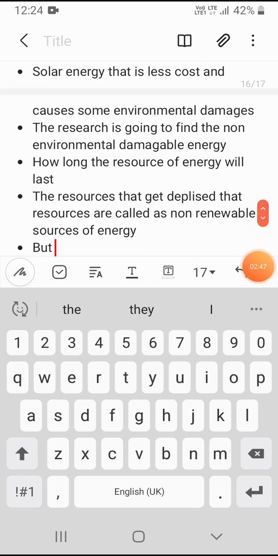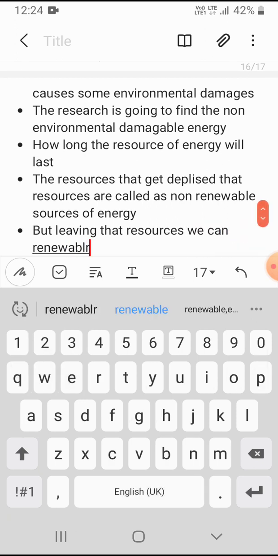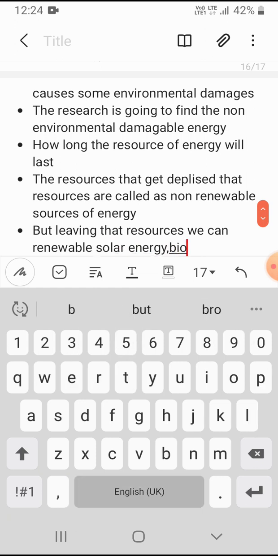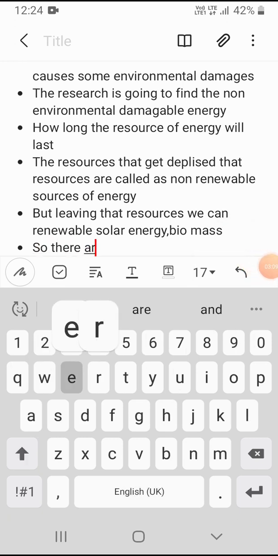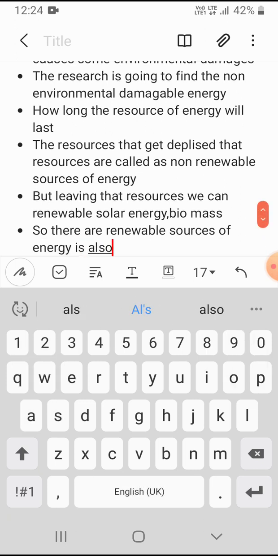But leaving those, we have renewable sources like solar energy and biomass. Renewable sources of energy are also available on earth.